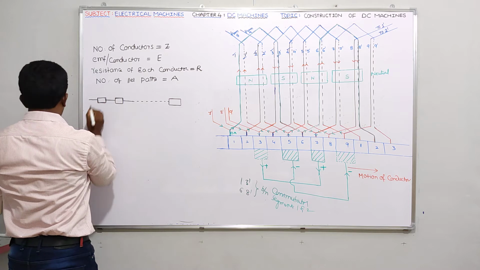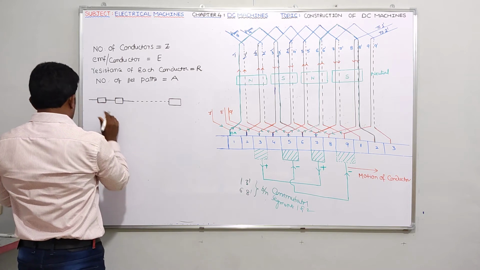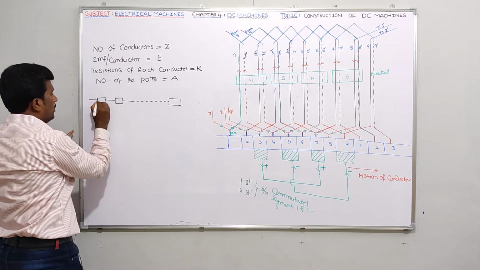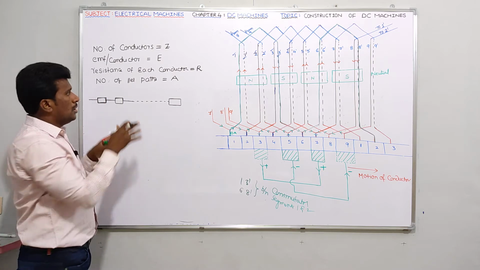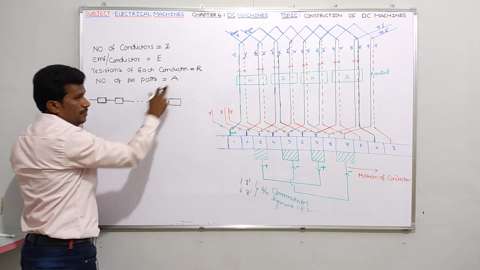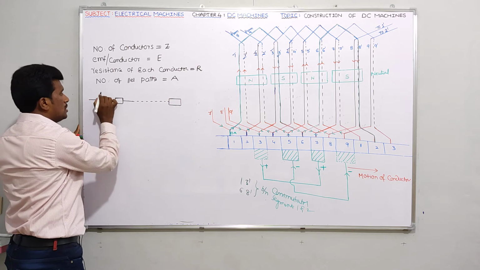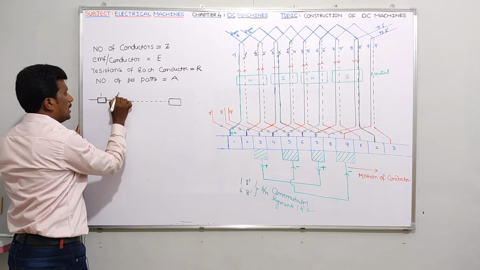Here I am just asking a very simple question. How many conductors can be placed in each parallel path? The number of parallel paths equals A. Let me give numbering here, 1, 2, like that.